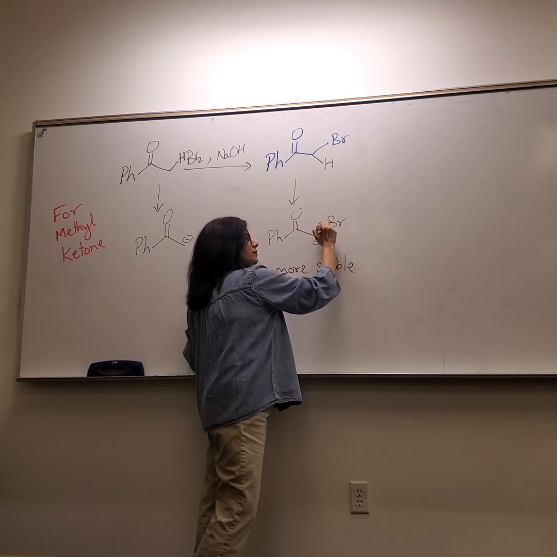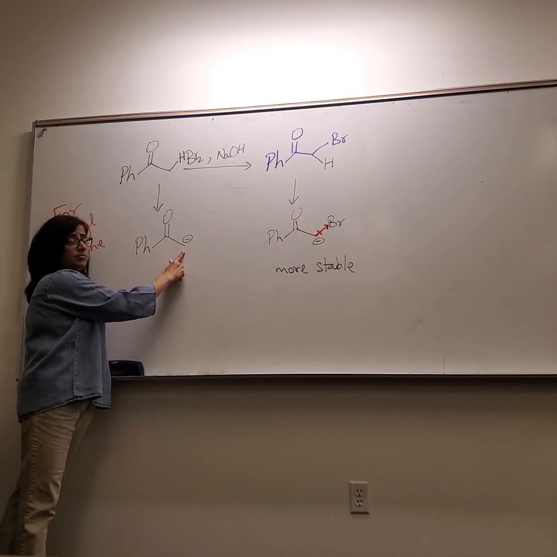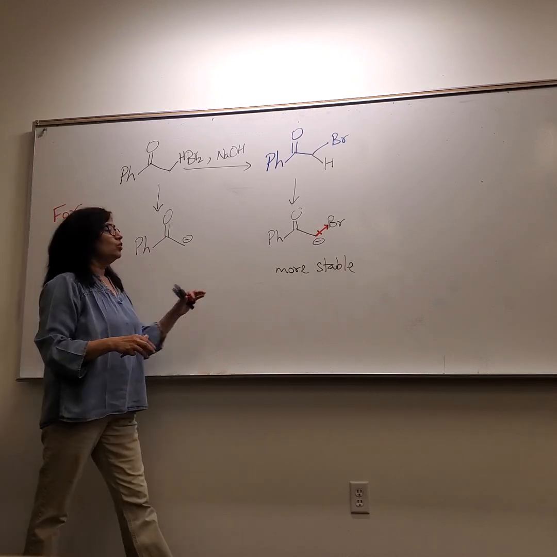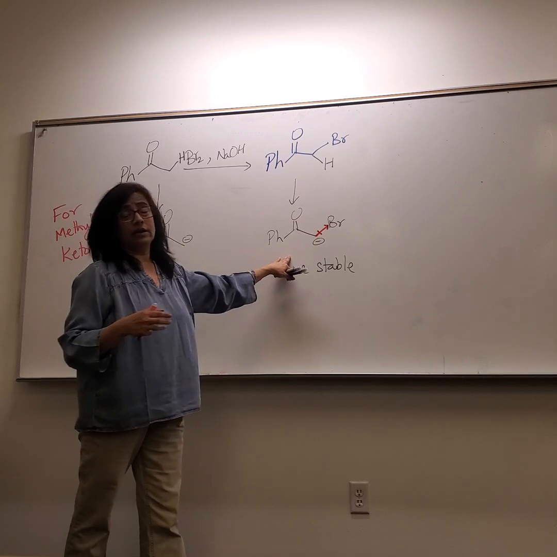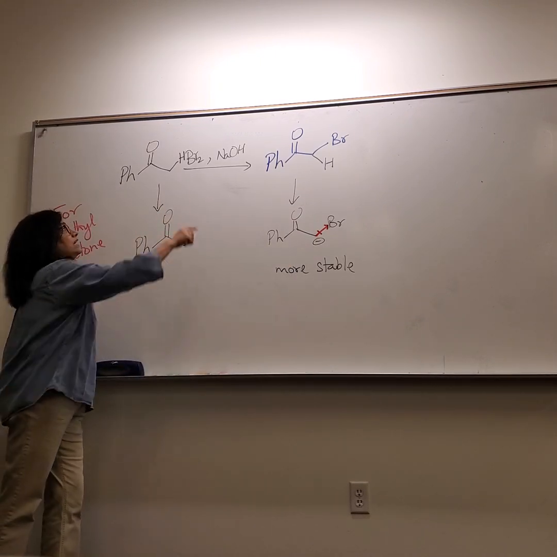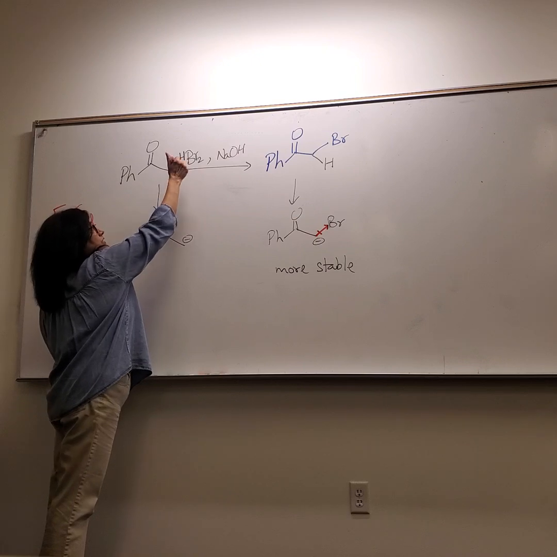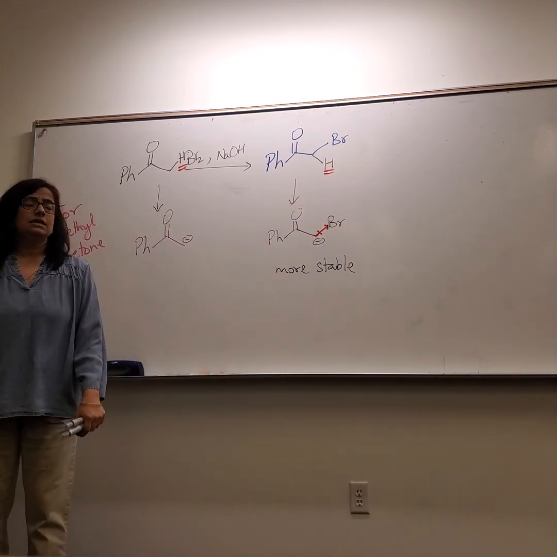It pulls electrons towards itself? Inductive effect. Does this have the same? Absolutely. So then, which conjugate base is more stable? It's this one. The bromoacetophenone. So, which hydrogen is more acidic? Is the alpha hydrogen in the reactant more acidic, or the one in the product more acidic?